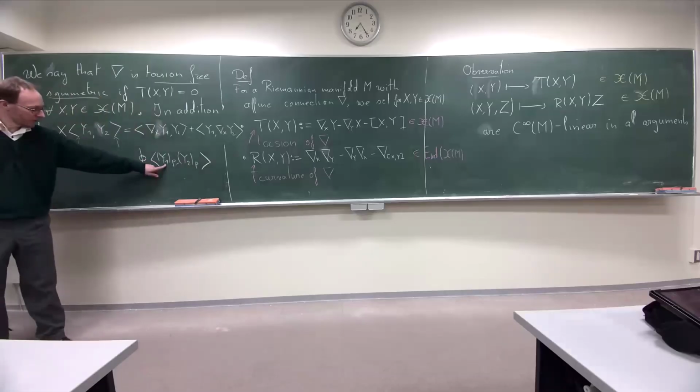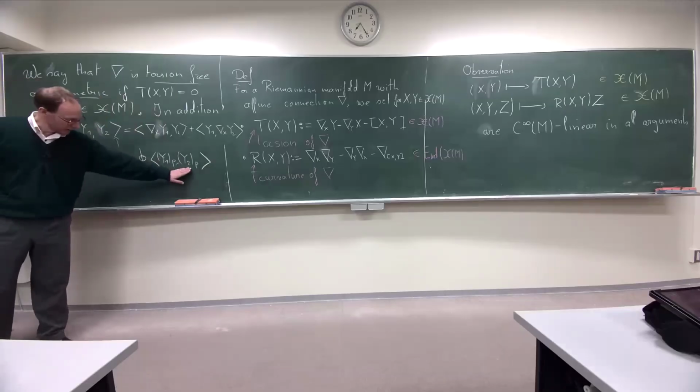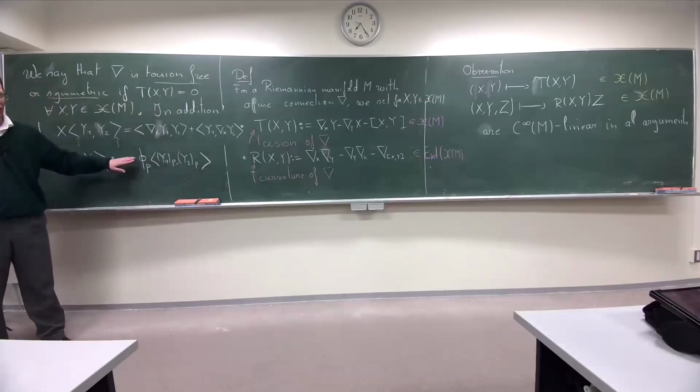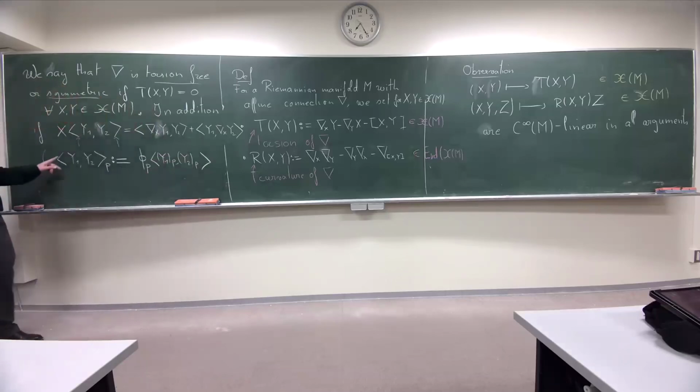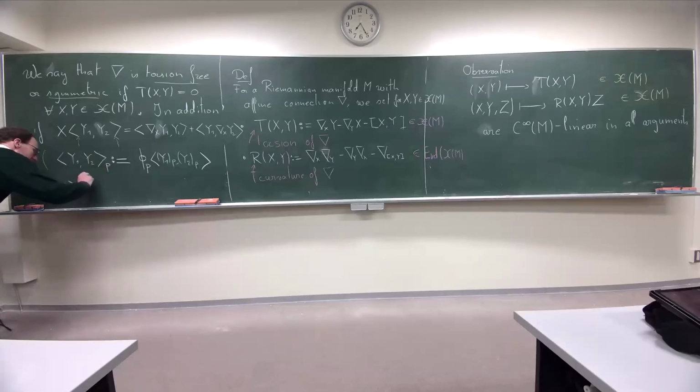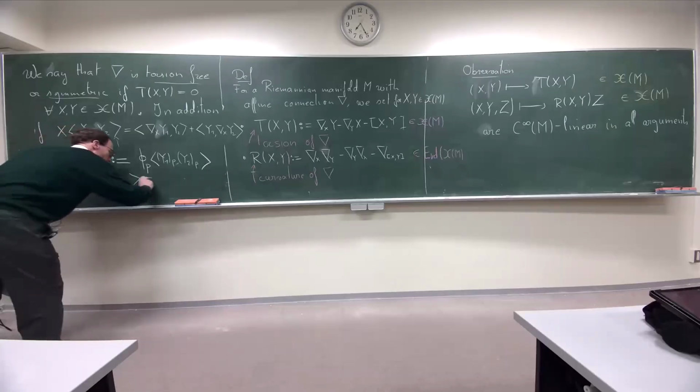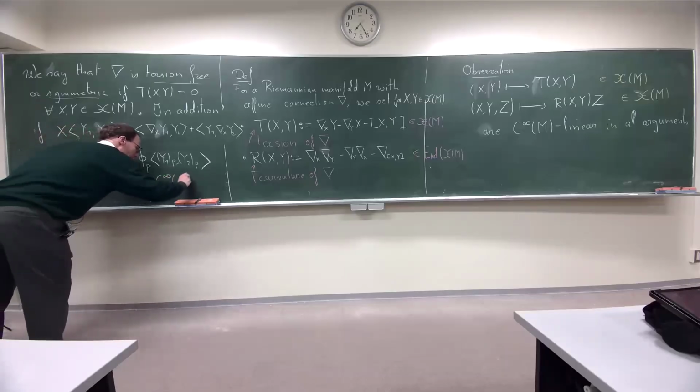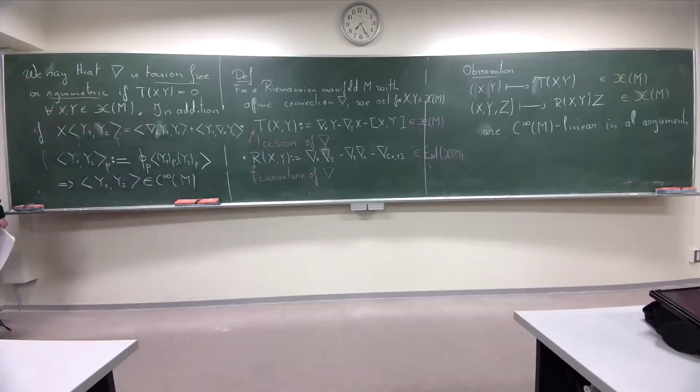So this is a vector in the tangent plane at P. This is again a vector in the tangent plane at P. We have this function which defines an inner product. So this is just a number. So when I evaluate at a point, I get just a number. So this notation y1, y2 is a smooth function on M. And I gave the definition just above.